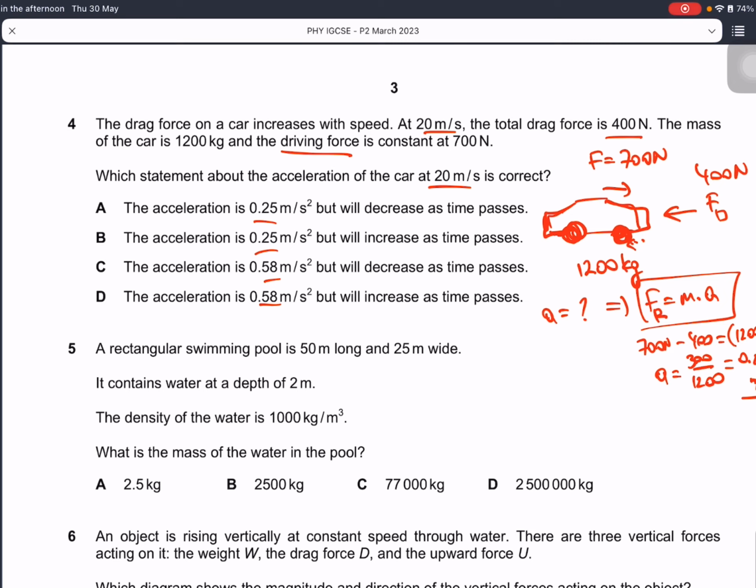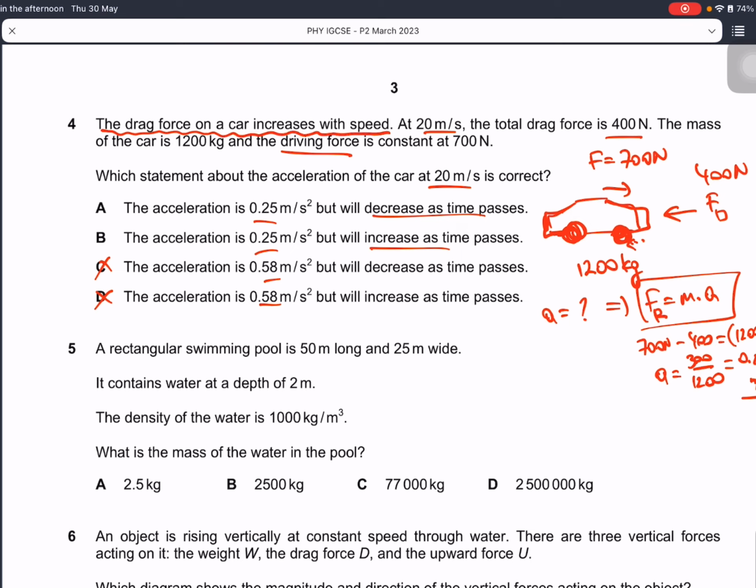So from the options, we eliminate C and D. Let's see what we have on A and B. The acceleration is 0.25 meters per second squared, but will it decrease as time passes, or increase as time passes? Here it's given that drag force increases as speed increases.